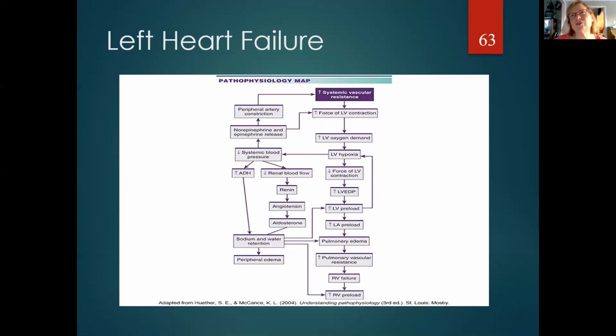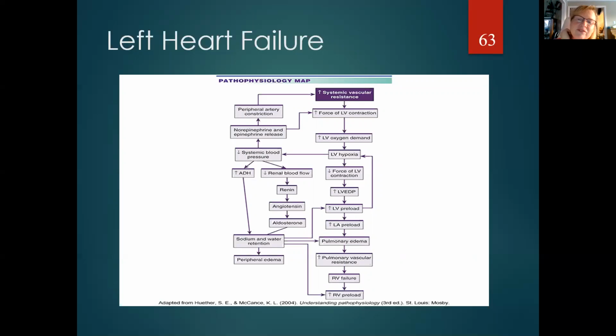Our body thinks I don't have enough fluid, sodium and water retention. We also, at the same time, have an increase in antidiuretic hormone, which also leads to sodium and water retention. So we've got two pathways coming together to increase sodium and water retention, and sodium and water retention lead to peripheral edema.